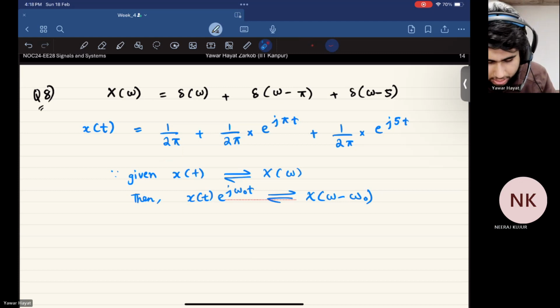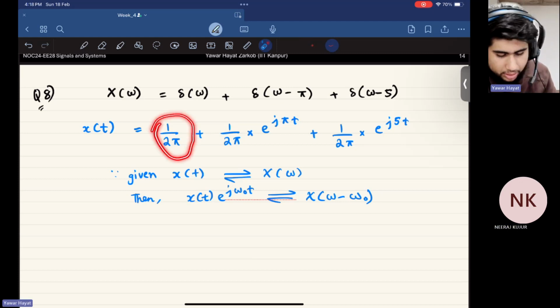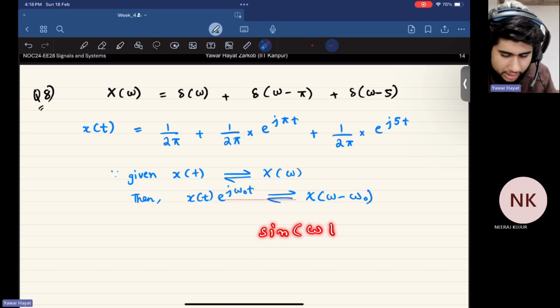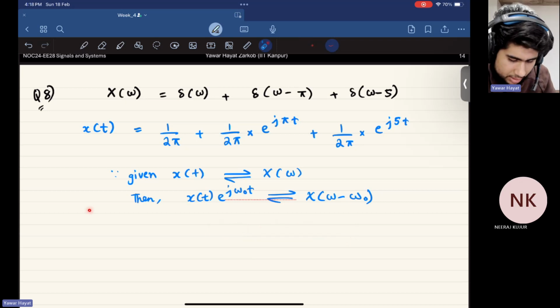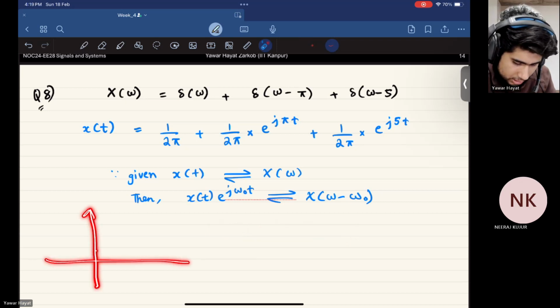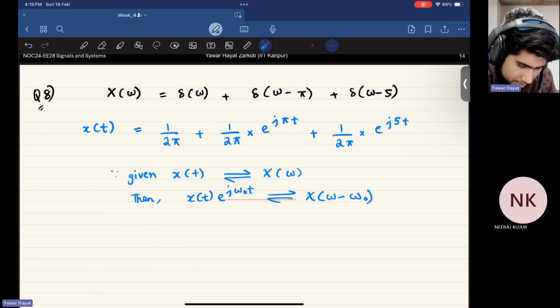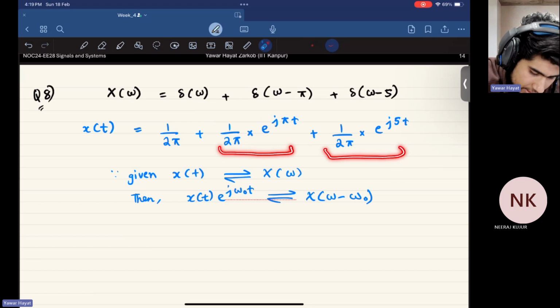Will 1 by 2 pi change periodicity? No. Suppose I have a periodic signal sine of omega t, and I add a constant. The original signal is shifted in the y direction, but the period won't change. The period will remain the same.